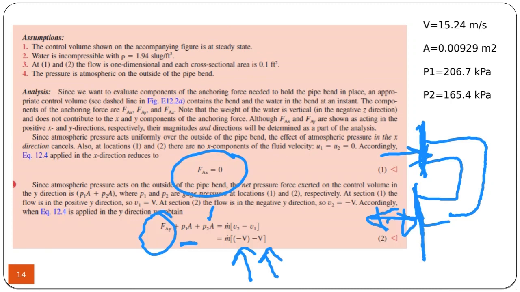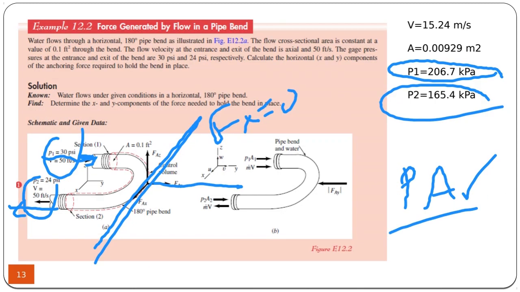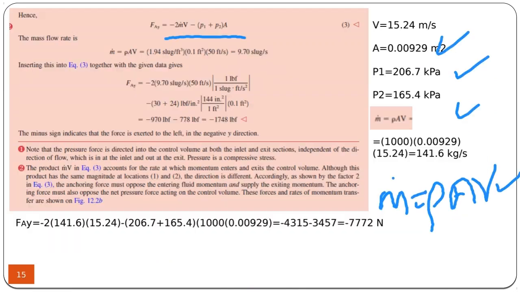Here you have chosen FRy to be positive, but as the solution, FRy turned out to be in the negative direction, which we expect, right? Because the reaction force should be in the other way.